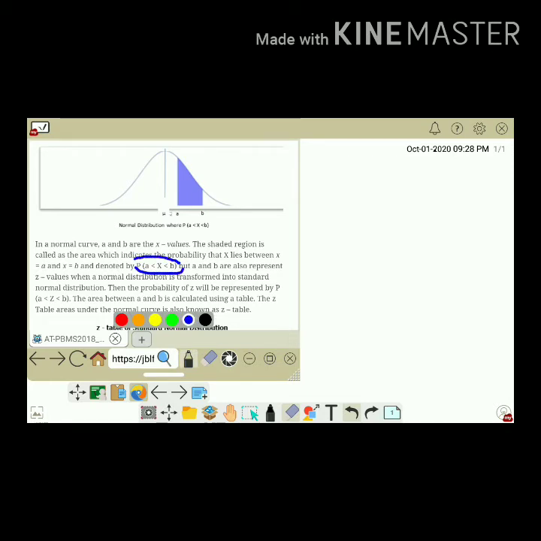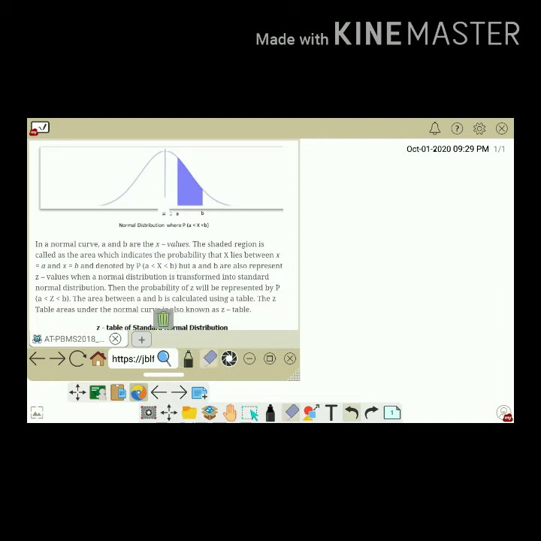This means we're looking for the area that covers between A and B, or the area between x equal to a given value A and B. When we see P of x between A and B, that means probability of x such that x is less than B but greater than A. Okay, I hope you understand that one.